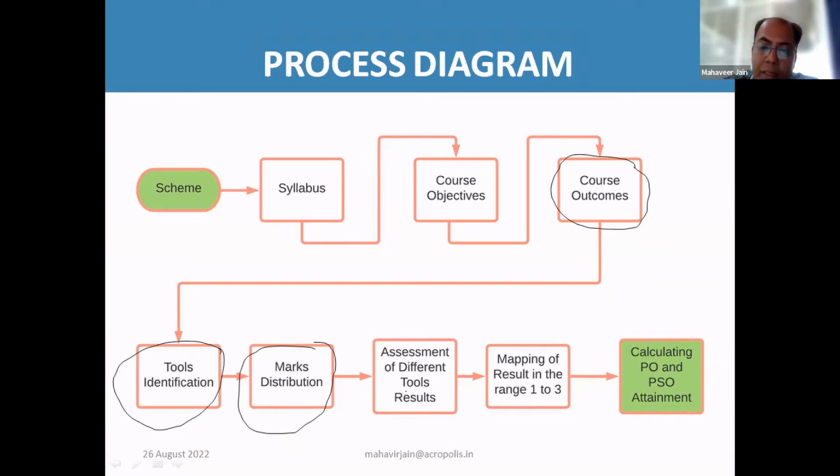When the students have gone through all the assessment methods, I will go for the mapping result in the range 1 to 3. Normally we map our achievement or assessments on a scale of 1 to 3. Suppose 3 is when I have achieved my target. For that I need to set the target.